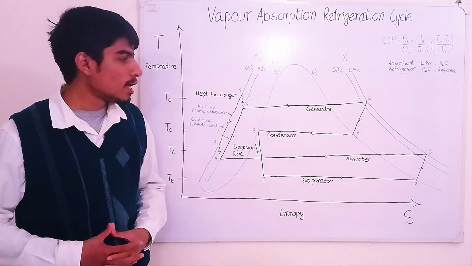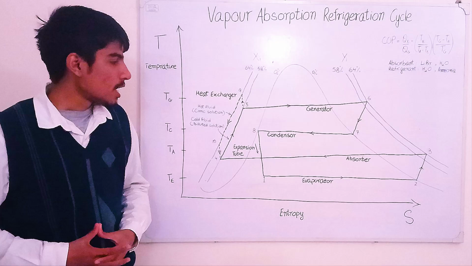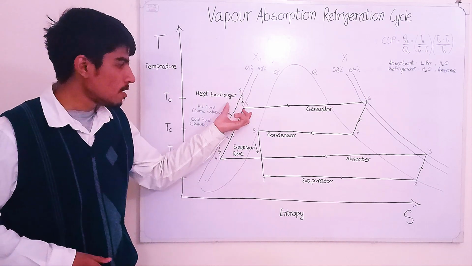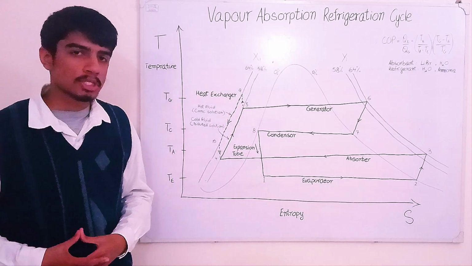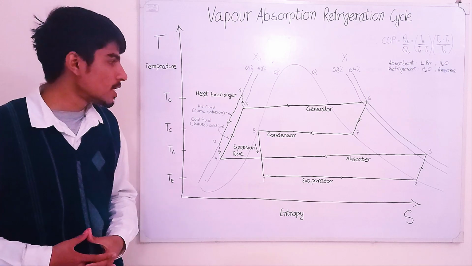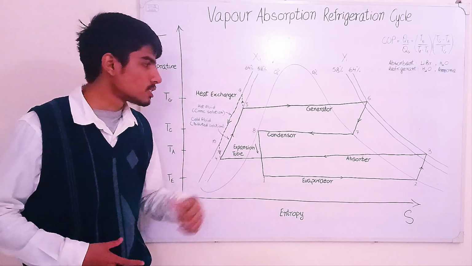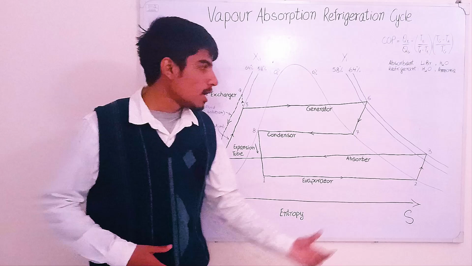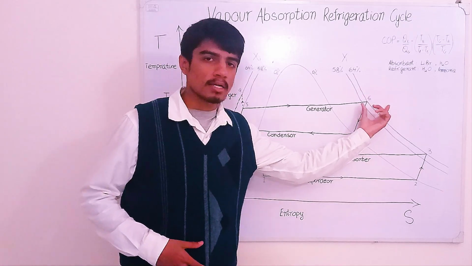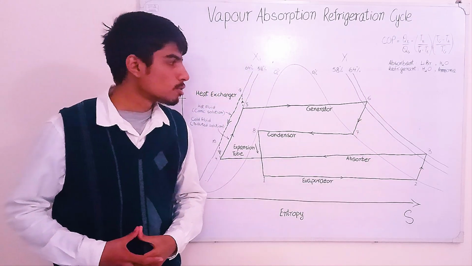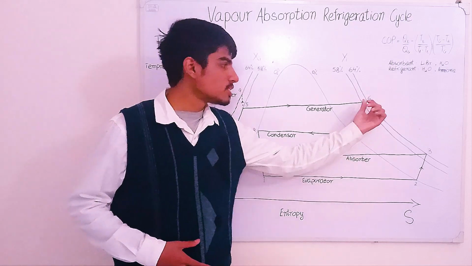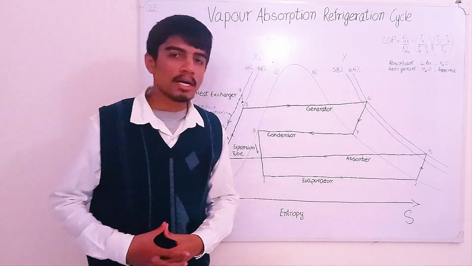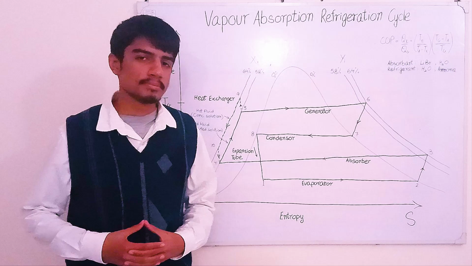So, if we take a look at this diagram, at the inlet of the generator we have a weak solution and our refrigerant is in subcooled liquid state, while at the outlet of the generator we have a strong solution and our refrigerant is in superheated vapor state.